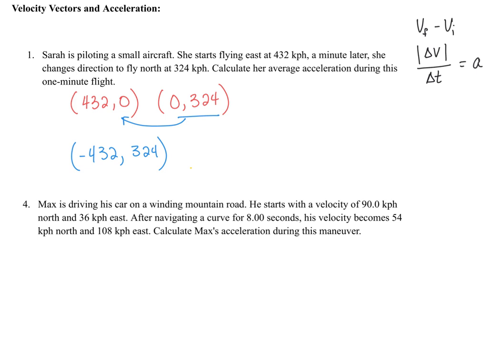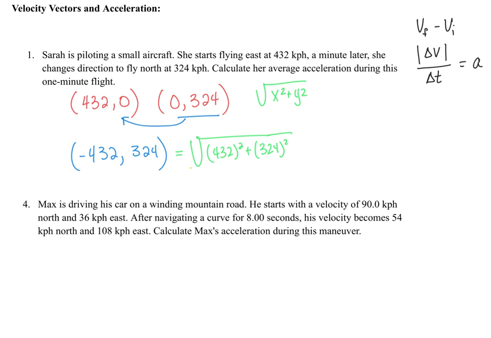And so remember, magnitude is exactly the same as what we have been doing. We're going to use our square root of x squared plus y squared to get our magnitude here. So to get our magnitude for this guy, we're going to do that 432 squared and that 324 squared right there. All right.